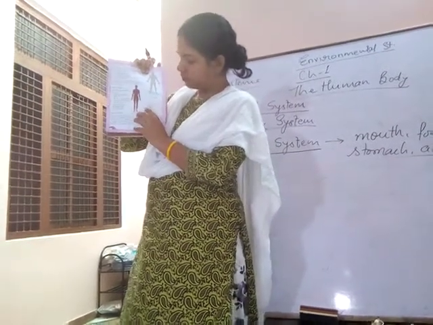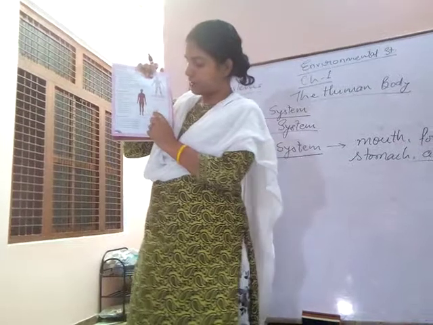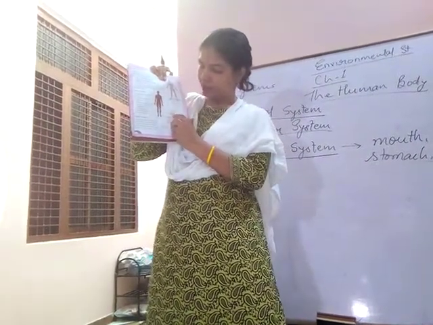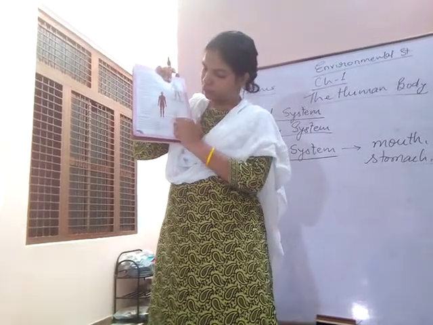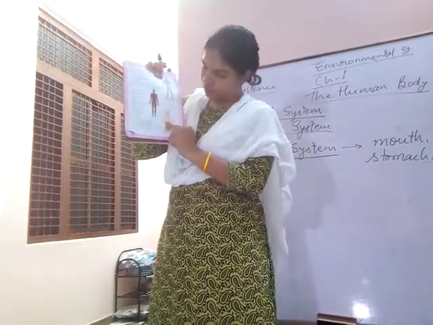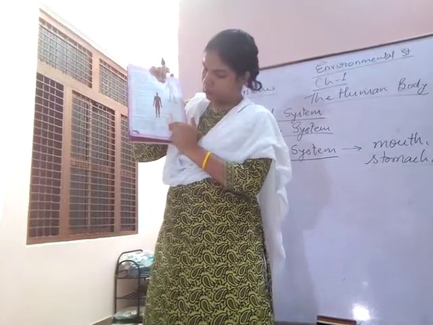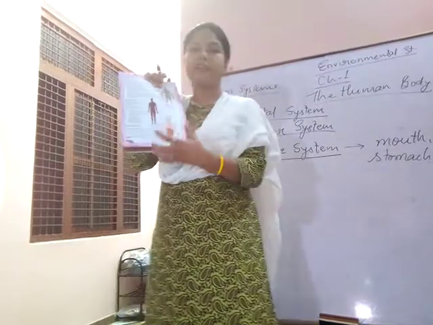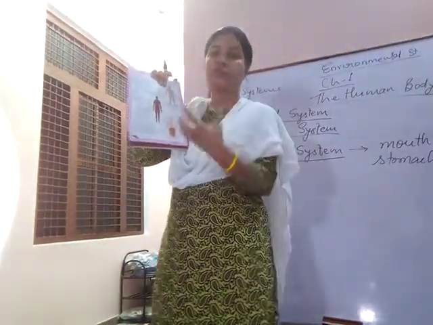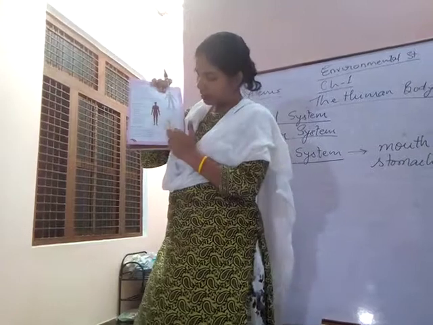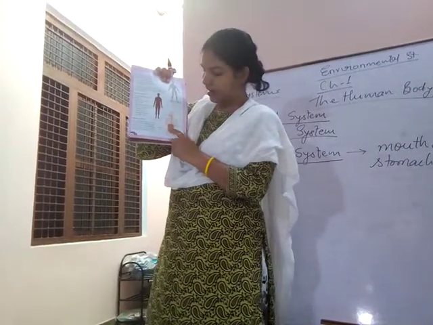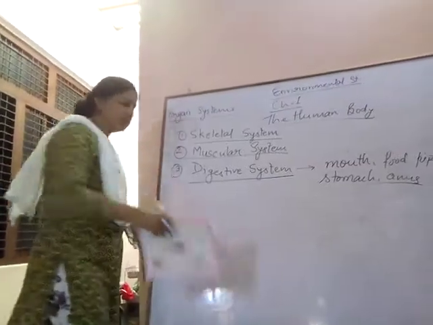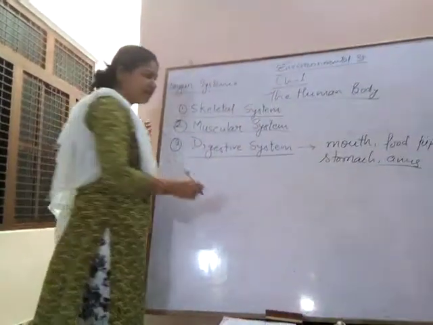The digestive system starts from the mouth. We chew the food and it becomes a paste and it is sent through this food pipe to the stomach. Here, from the stomach and the liver, the liver secretes some digestive juices that mix with the food and then it is sent to the intestine, and in the small intestine some small finger-like projections are found.